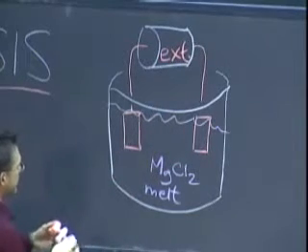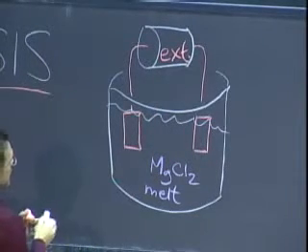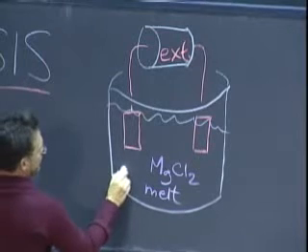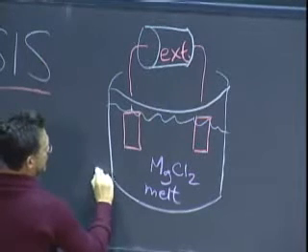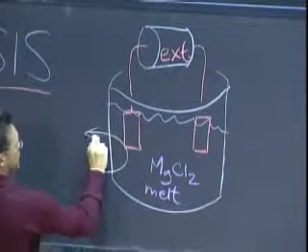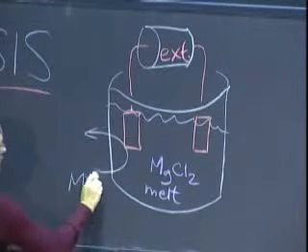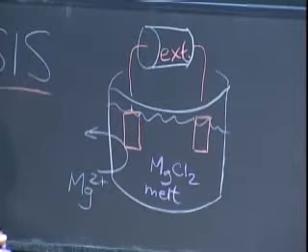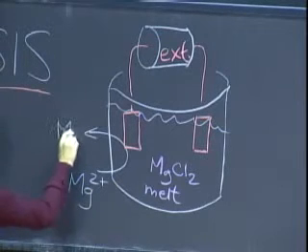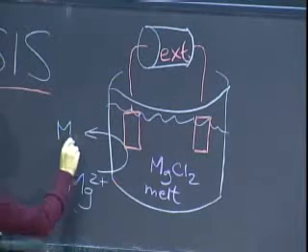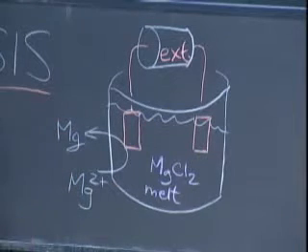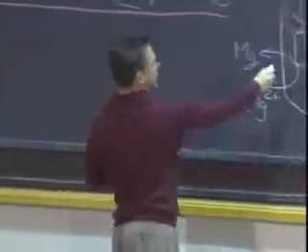And in this particular case, the reaction that would be taking place is as follows. At one side, we would have magnesium 2+ ions being reduced to, at this temperature, liquid elemental magnesium, so metallic magnesium at one electrode.